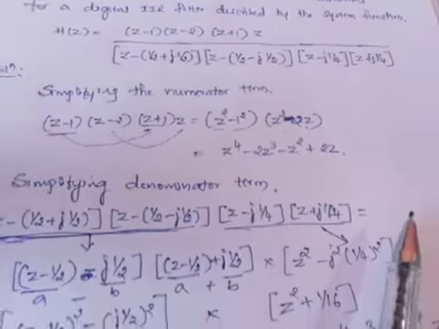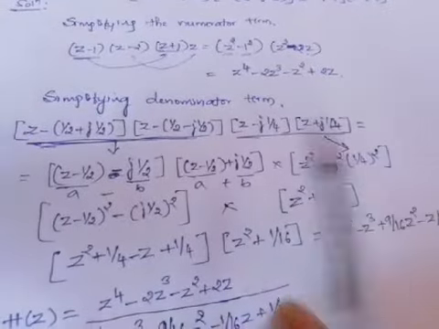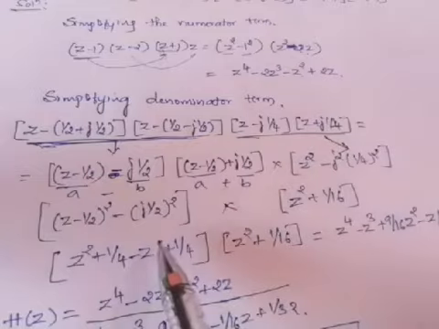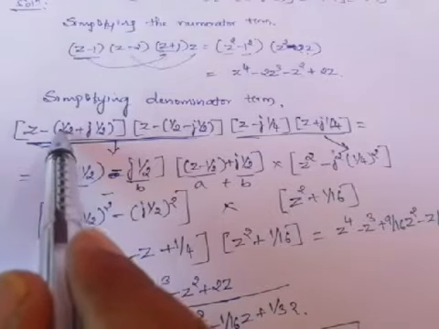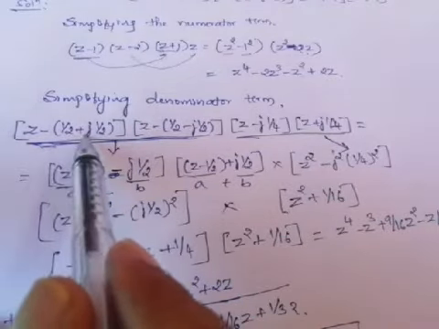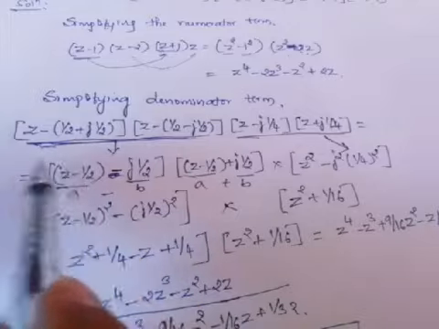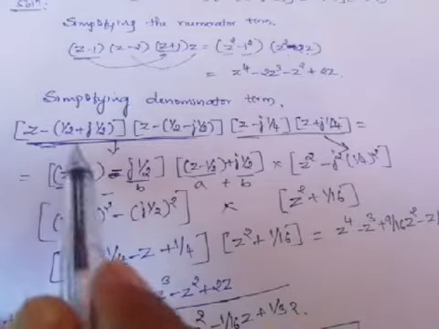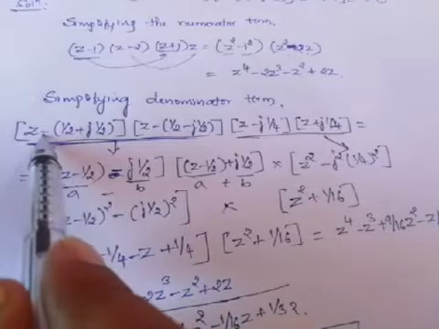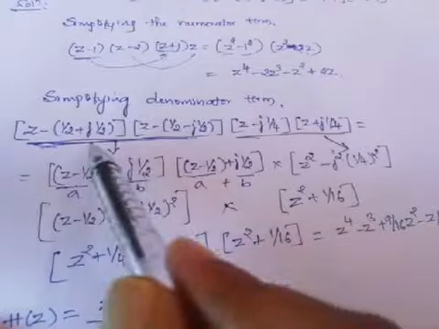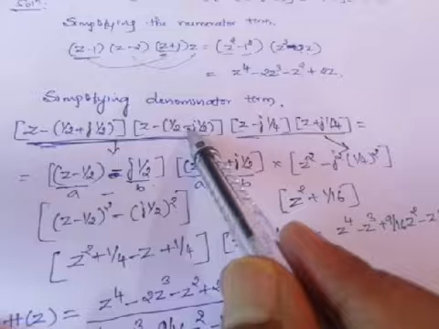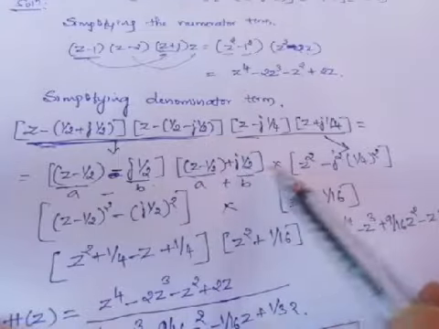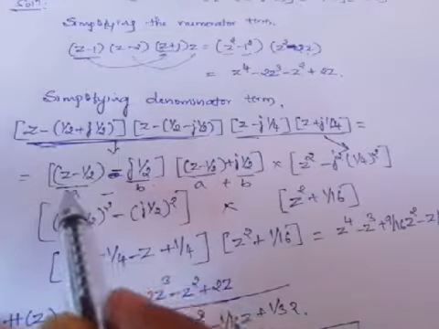Similarly, simplify the denominator terms. First I will write the denominator term as it is. Z minus, the same thing I wrote here, and here we have to make some arrangements. I am going to write the terms which are present in the bracket. I will take out z minus 1 by 2 plus minus into plus, which becomes minus j 1 by 2. Similarly, z minus 1 by 2 minus into minus, plus j 1 by 2. This is as it is, so we have to arrange.